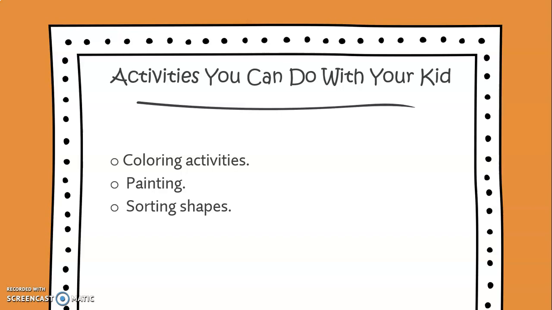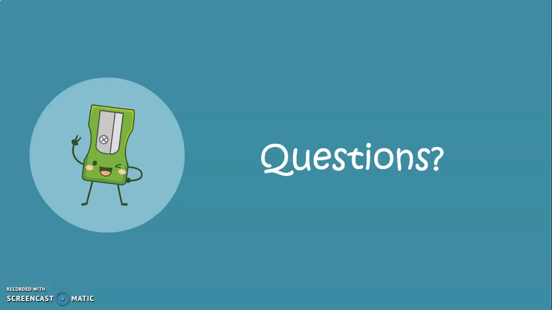You can do leaf painting, painting with buds, and also painting with lady finger, vegetable cutouts, and many more. You can also tear colorful pages and stick them on some patterns or drawing. You can also ask him to sort shapes and numbers. All these things you can include in your child's daily life.